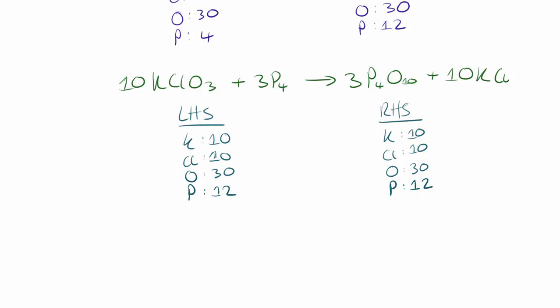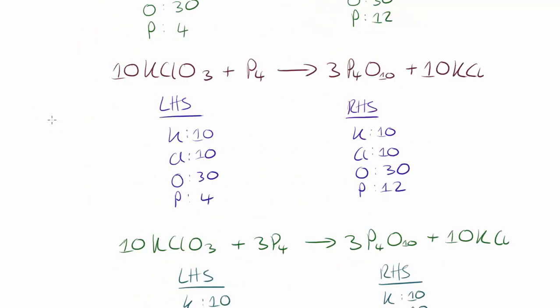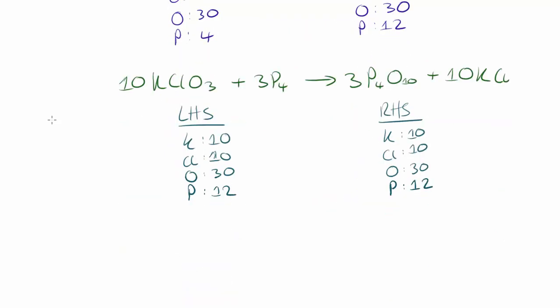And the other thing, as the question does specify, it says we should use only whole numbers when balancing the equation. So in our final equation that we've got here, we've used only whole numbers, so that adheres to that particular requirement as well.